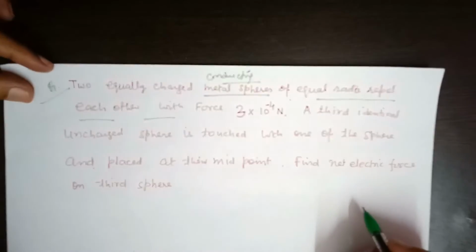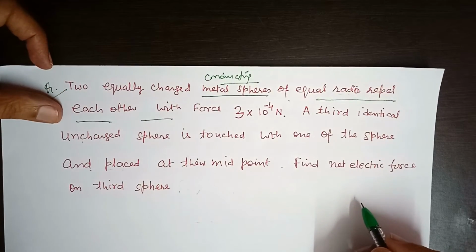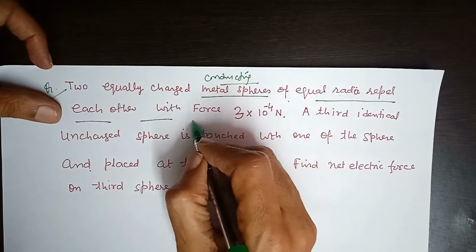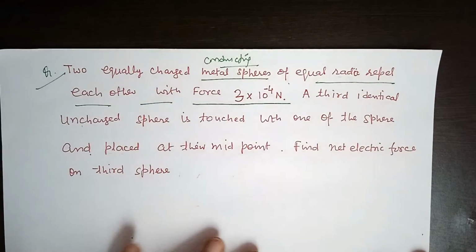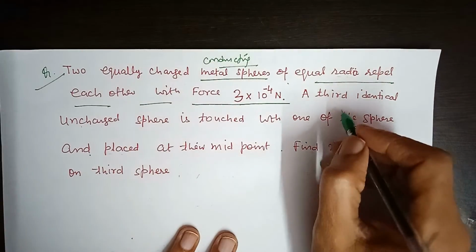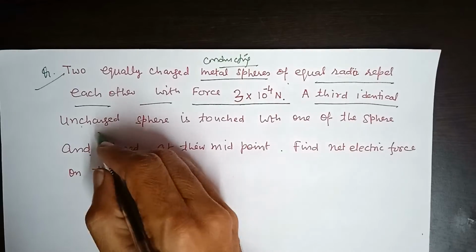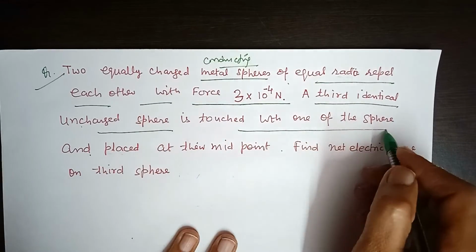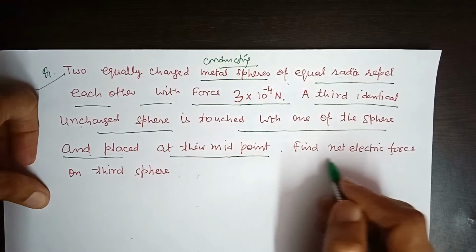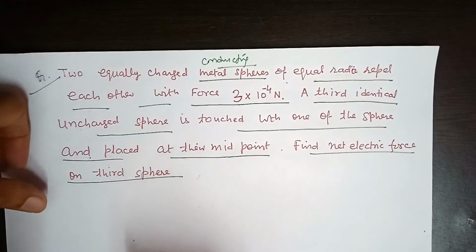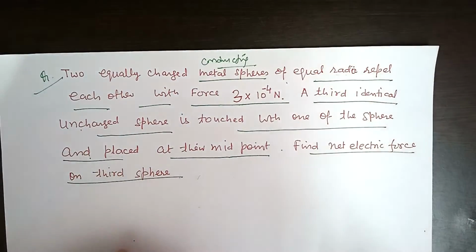Repel each other means both have the same type of charge, and the force is 3 into 10 raised to the power minus 4 Newton. A third identical uncharged sphere is touched with one of the spheres and placed at their midpoint. Find the net electric force on the third sphere.